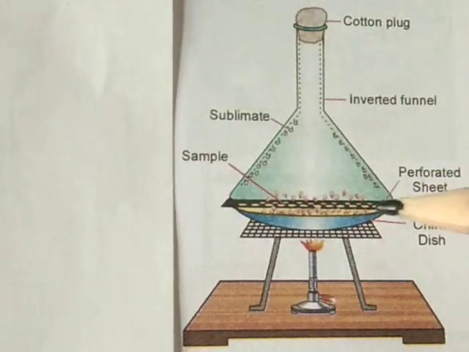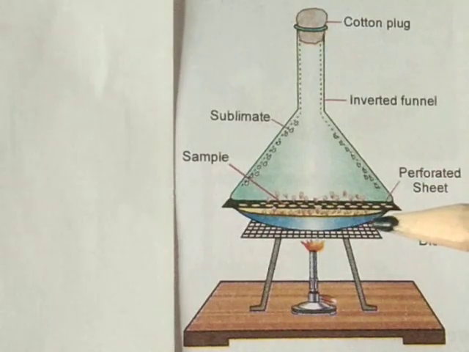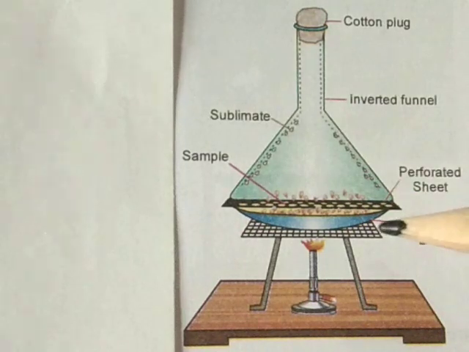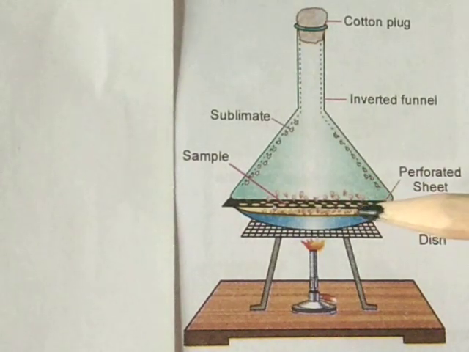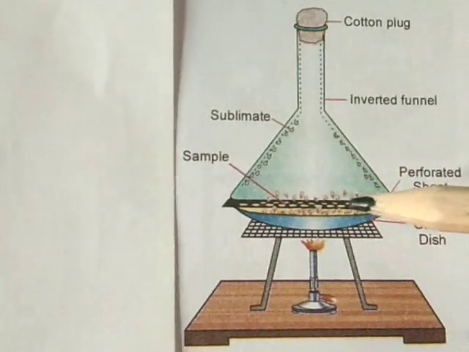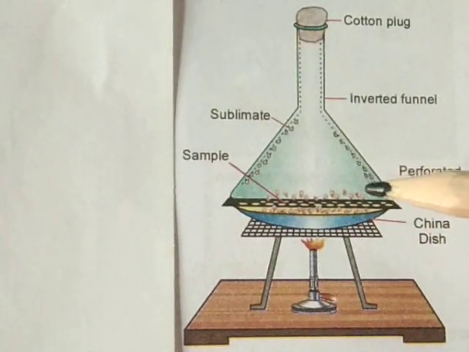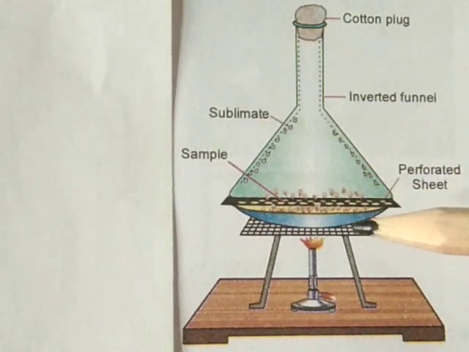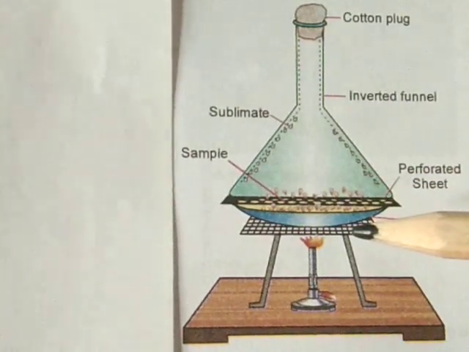With the same example, we take camphor, which is a solid with a pleasant smell that undergoes sublimation, and the salt, sodium chloride, can be separated. The same process takes place with a mixture of naphthalene balls.